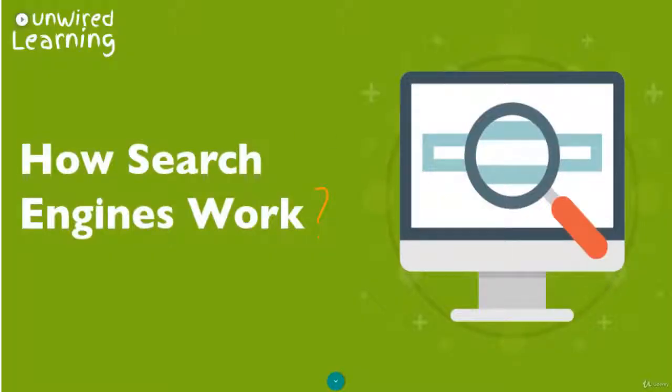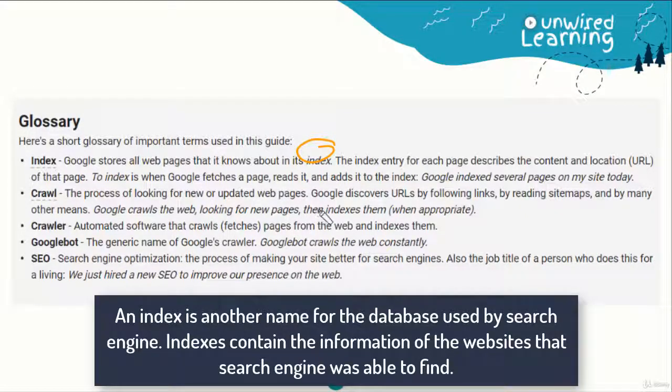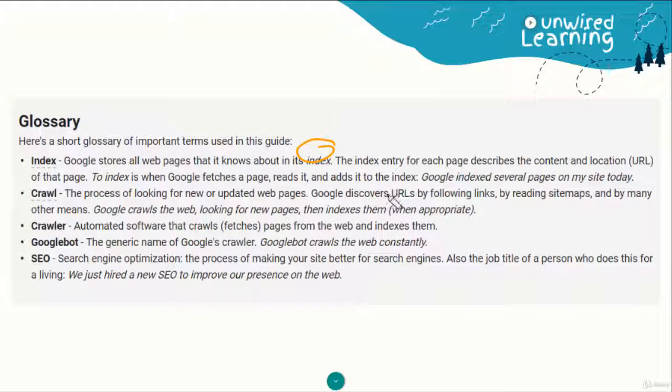Before understanding that, we need to understand these 5 terms: index, crawl, crawler, Googlebot, SEO. First thing, index. Google stores all the web pages it knows about in its index, that is its database. So the index is actually the Google database in which Google stores all of its pages. The index entry of each page describes the content and location.